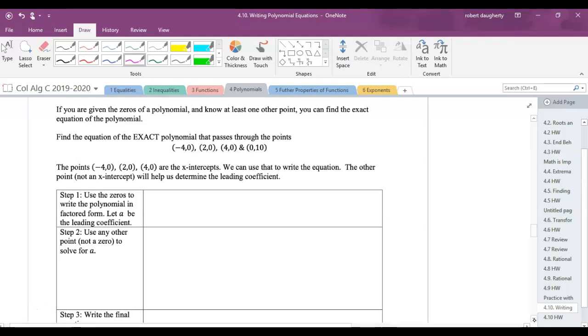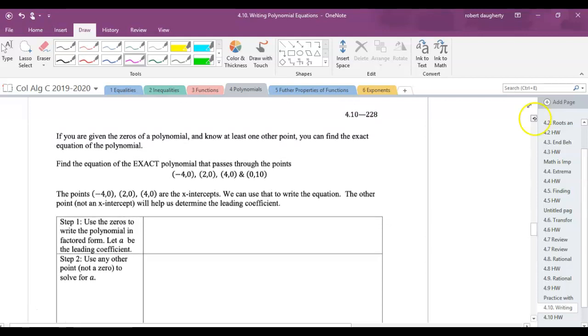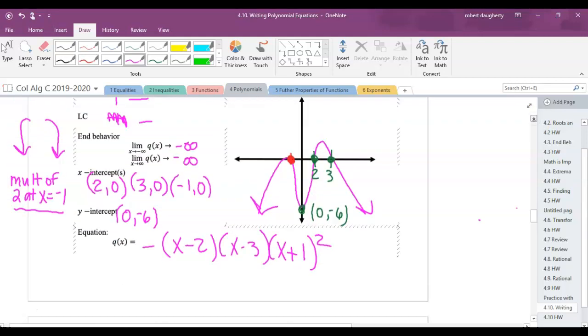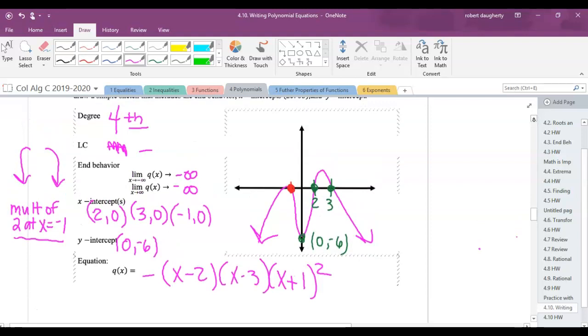Okay. So here's where it gets just a little bit of an extra step that you've got to pay attention to. Every question so far has been: find a possible polynomial that meets these conditions. What could happen here is I've got negative x minus 2, x minus 3, x plus 1.